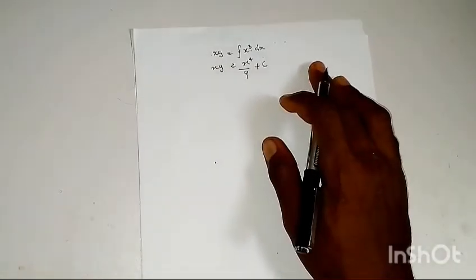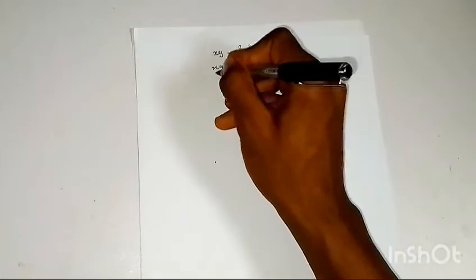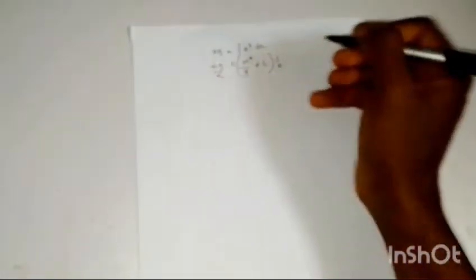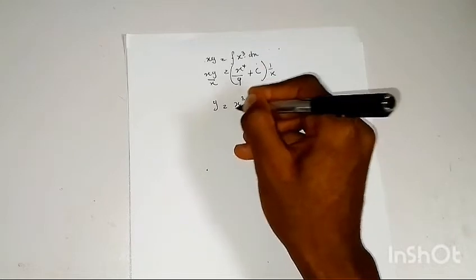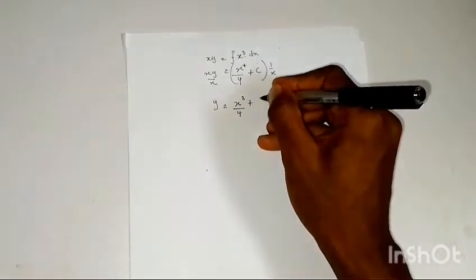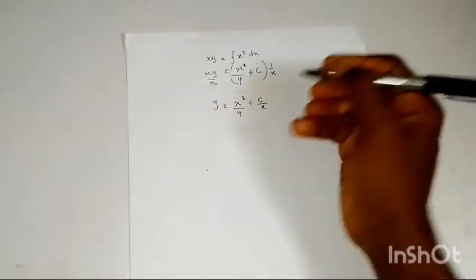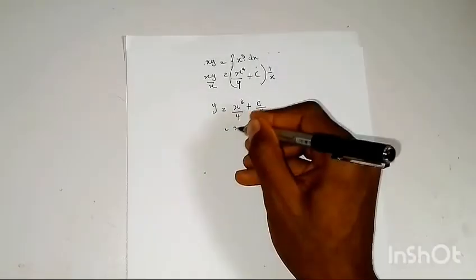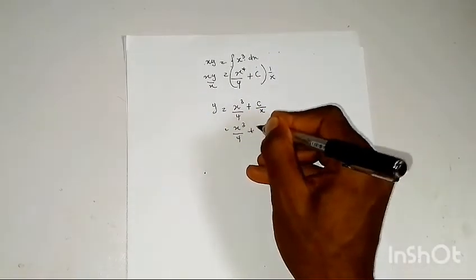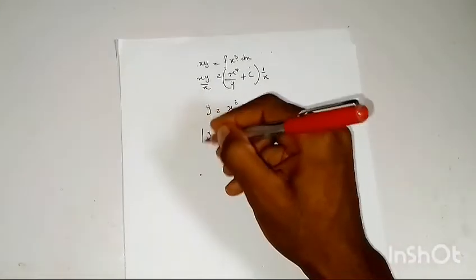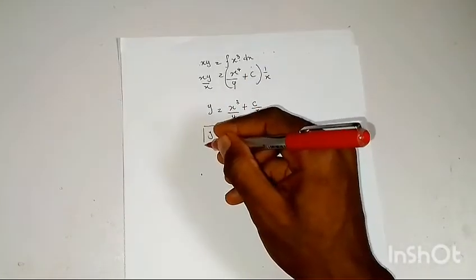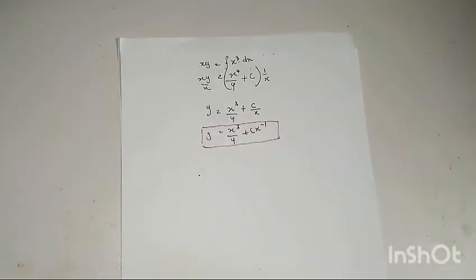You can leave it like this, or divide both sides by x, which gives me y equals x raised to the power 3 over 4 plus C over x. Or you can safely say x raised to the power 3 over 4 plus C x raised to the power minus 1. This is my general solution. Is that understood?